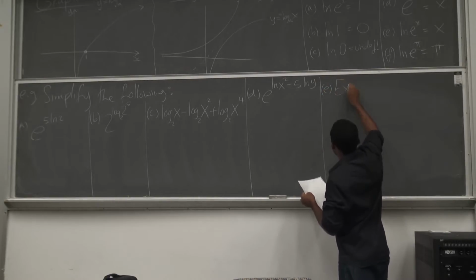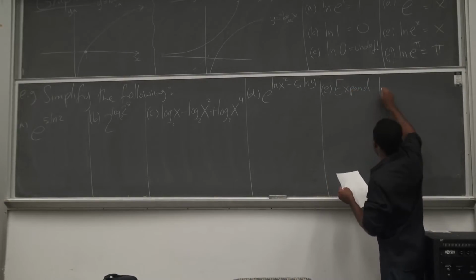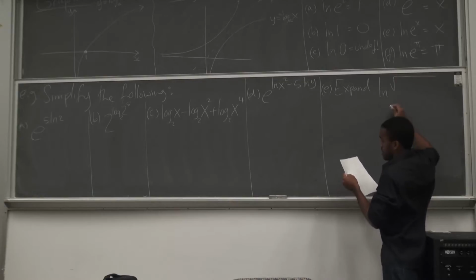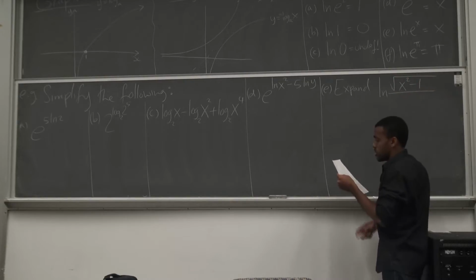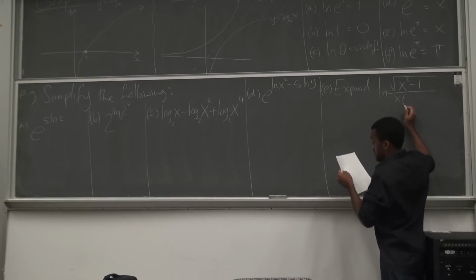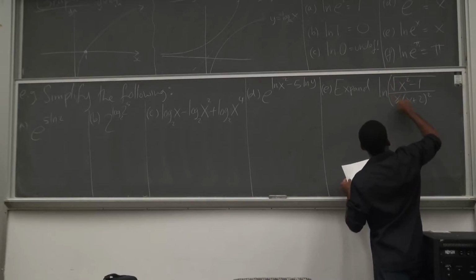For this one, by simplify, I want you to expand: ln of the radical x squared minus 1 over x times x plus 2 squared. All of this is in the ln.